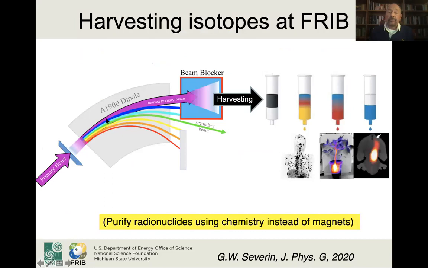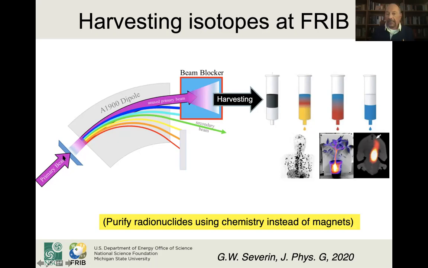Another example, which is now under development, is FRIB in the United States. In this case, though, they don't make a re-acceleration. They have a primary beam.